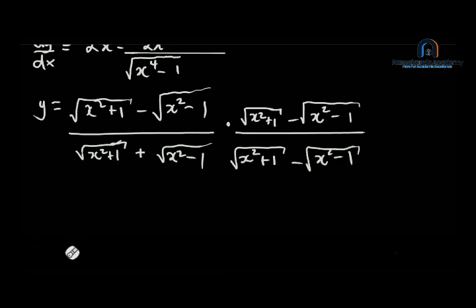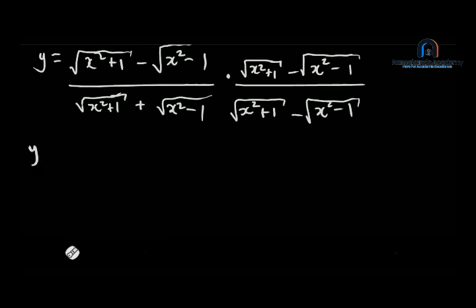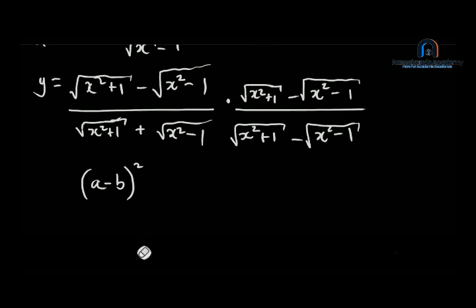Okay, so now we notice that, before we write our function, the numerator is in the form a minus b all squared. As you can see, these two are being multiplied. This is the first part, which also happens to be the same here. This is the same as that, and even the signs are negative.